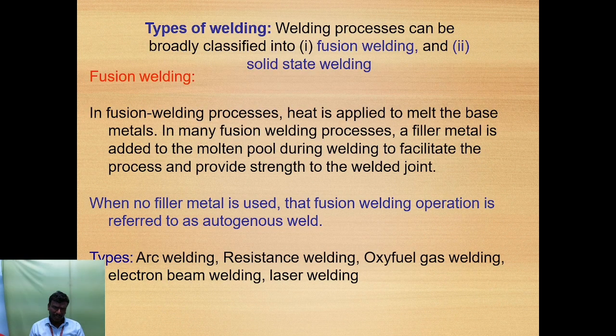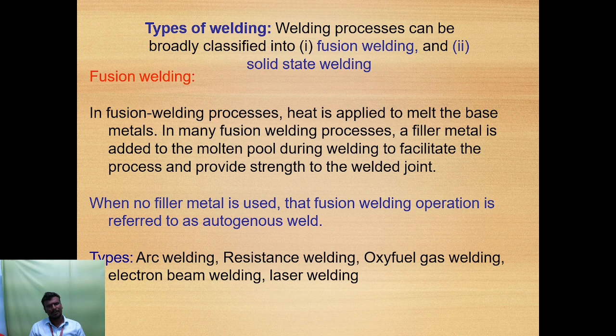And there are types of welding. The welding process can be classified into two types: fusion welding and solid state welding. First, fusion welding. In the fusion welding process, heat is applied to melt the base metals.